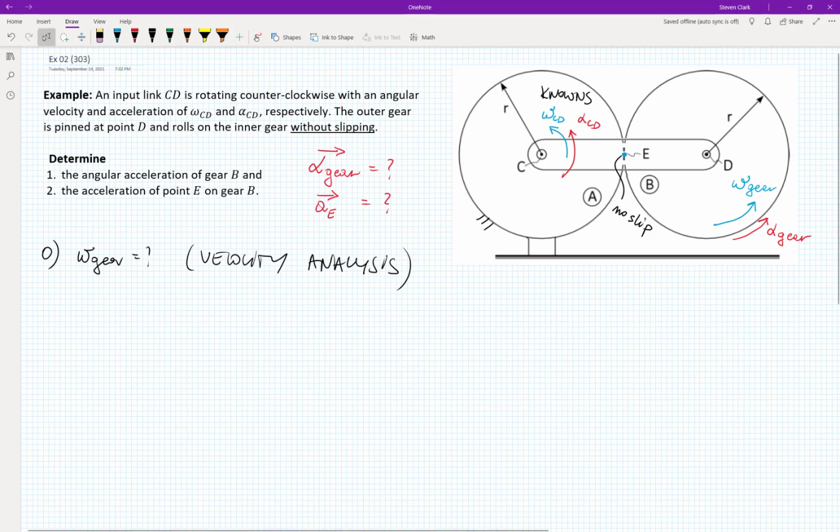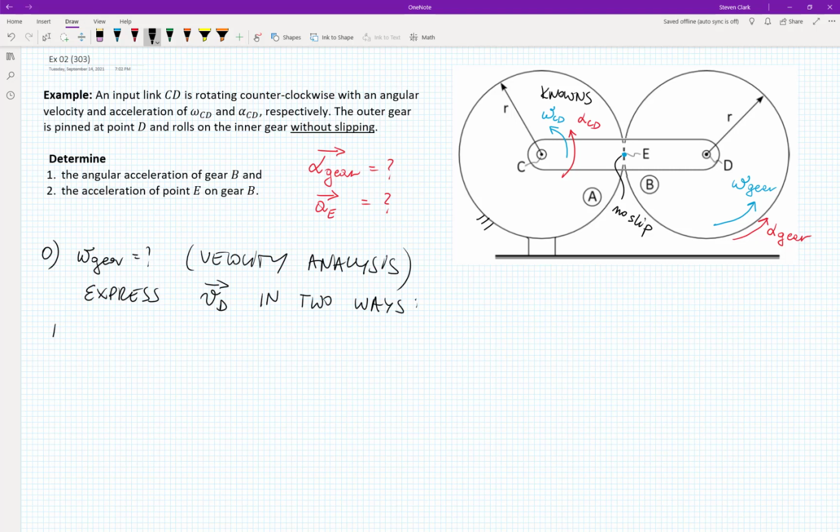Anyway, in order to find omega gear, I would like to express velocity of point D in two ways. Express Vd in two ways.